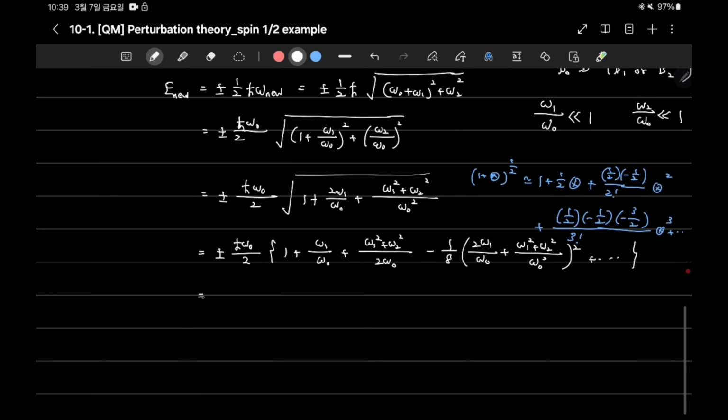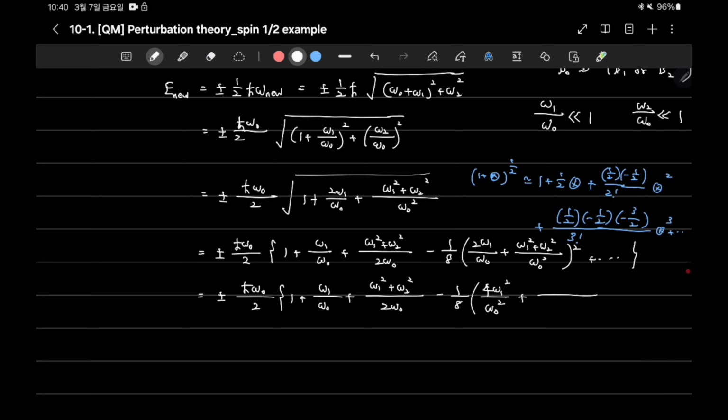Then it is plus minus h bar omega 0 over 2 times 1 plus omega 1 over omega 0 plus omega 1 squared plus omega 2 squared over 2 omega 0 squared, minus 1/8 times 4 omega 1 squared plus omega 2 squared over omega 0 cubed.